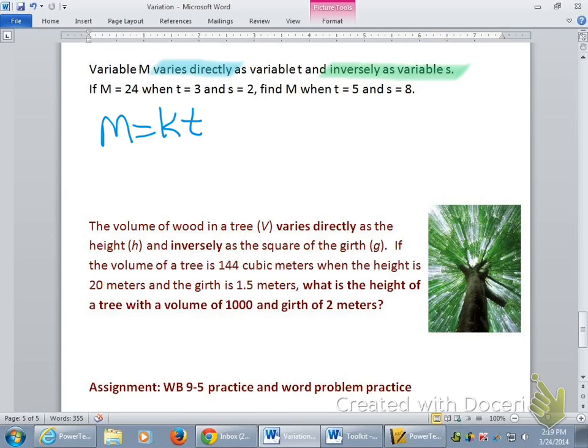All right. If you were going to write M varies inversely as S, how would you write that? M equals K over S. Well, look, are these two M's the same? Are those two K's the same? Okay, these are the same stuff, so put them together.